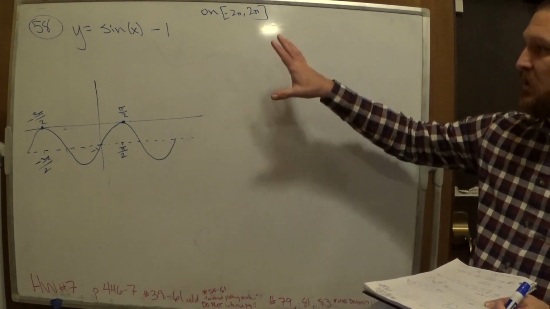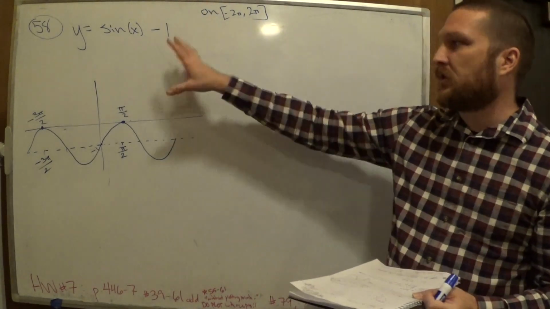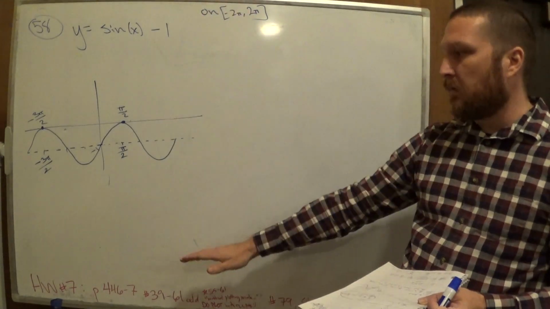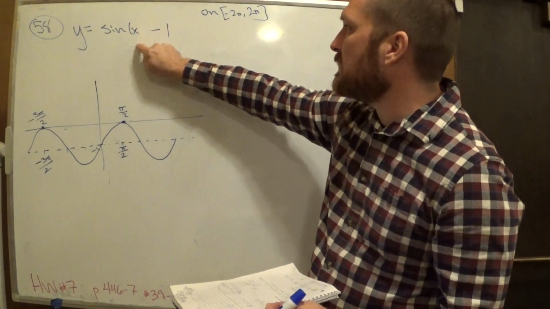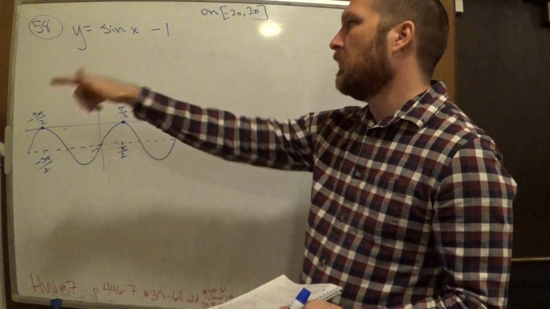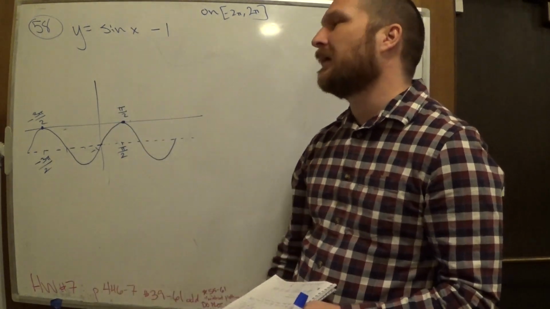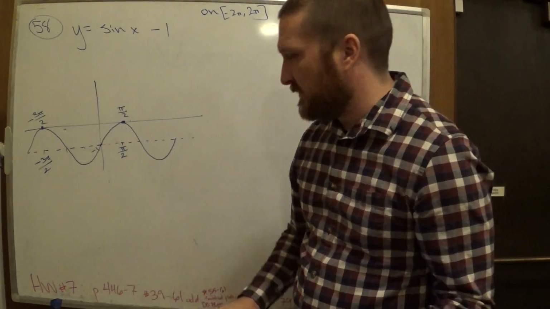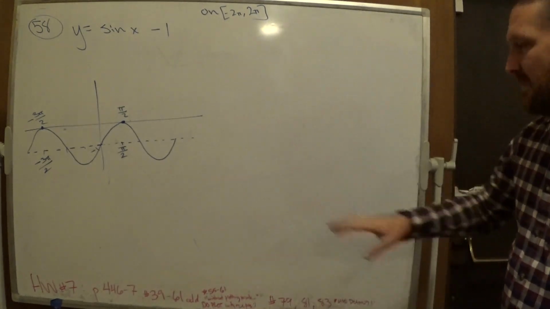So for this section, it's all vertical shifts. We're either going to shift up or down. Even if it does this, and you're like, well, wait a minute, do they mean to shift it or do they mean to stretch it? We're only doing up and down shifts right now for this section.